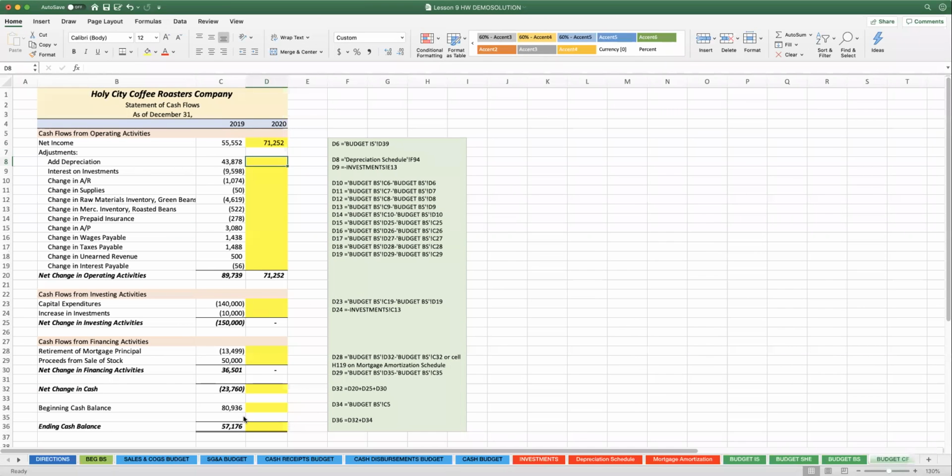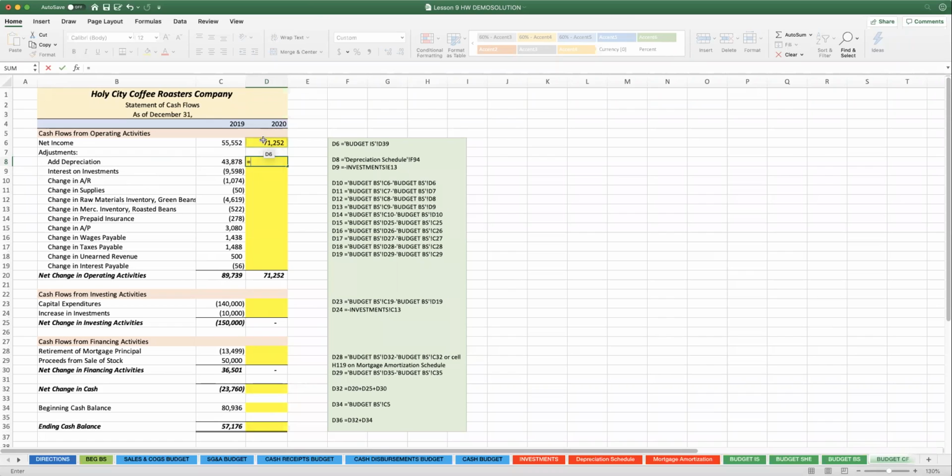All right, so let's make our first adjustment and talk about what's going on here. We're going to add back the depreciation expense. This is the expense, not the accumulated depreciation, because we started with this number, which is for the year only, net income. To get to this number, we subtracted the depreciation that was recorded for the year.